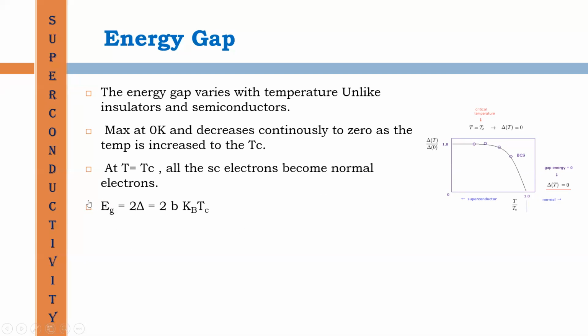This is the expression for the energy gap, Eg, which is equal to 2 delta, or equal to 2b kB T. Here 2b is a constant parameter, which is obtained as about 3.5.